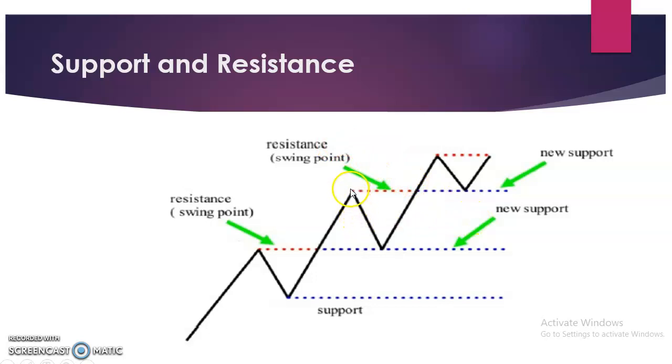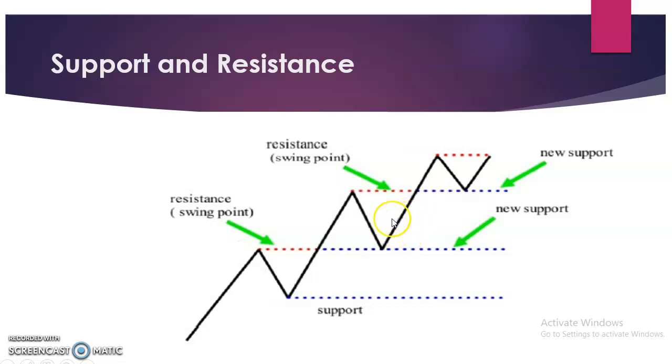This is your resistance, this is your support, because price reached this particular point and it rallied to the upside, and it got to this particular point of resistance again, and it began to move to the downside, and it got to this point and it began to move to the upside.